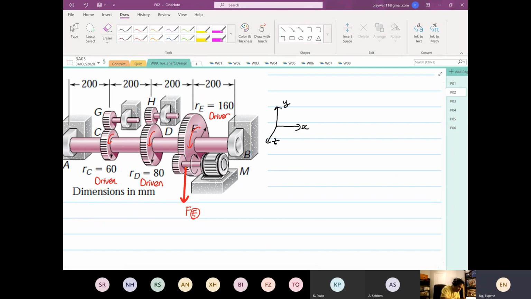So the first thing you have to take note of is that the force acting position is located where two gears are in mesh.